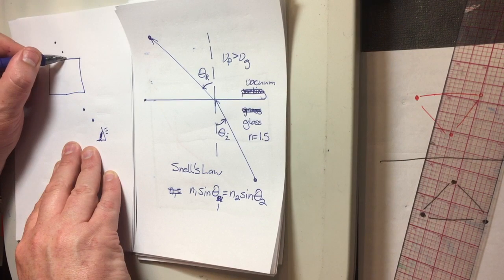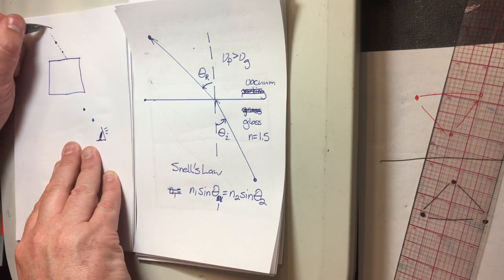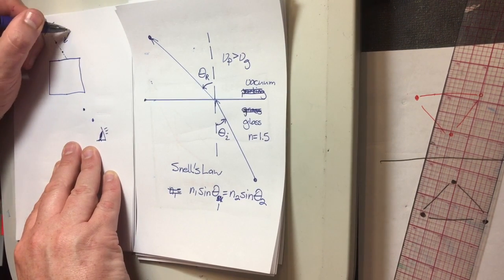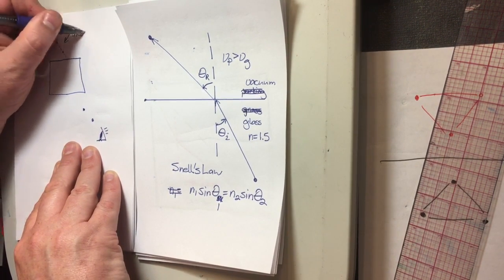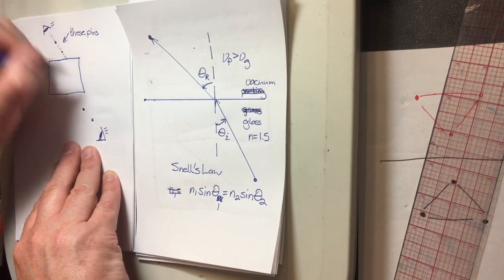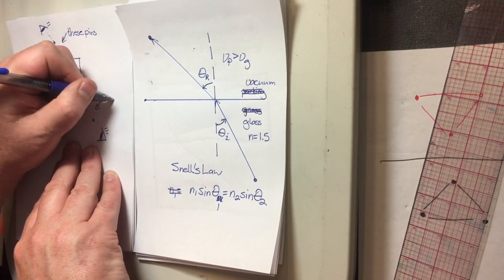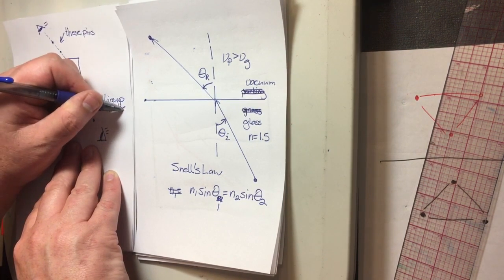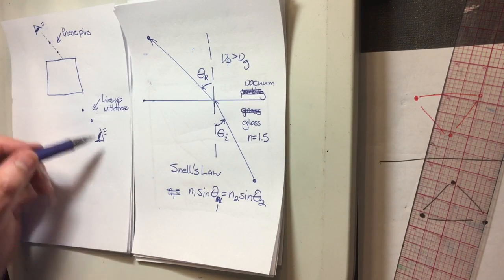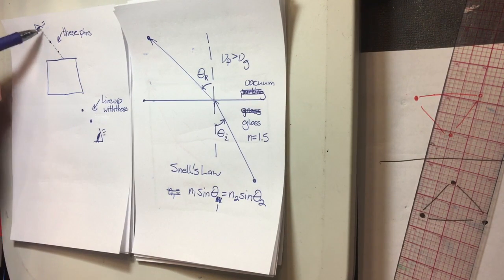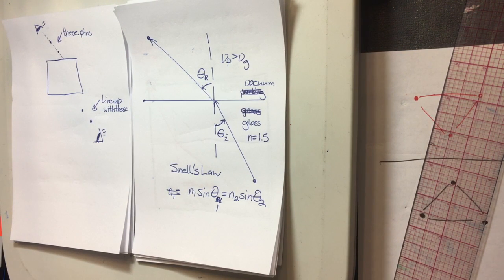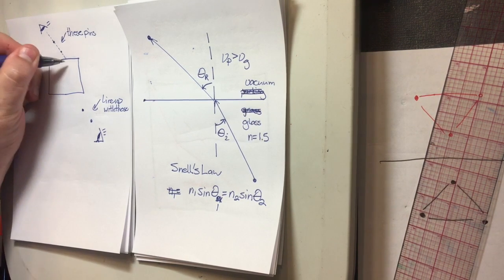Now, what's really weird about this is that these 2 pens line up with these 2. So when you look at these 2 within the glass, you will see the other pens. Now, when you look above the glass, the pens will be in different places. But when you look in the glass, they'll be in the same place.